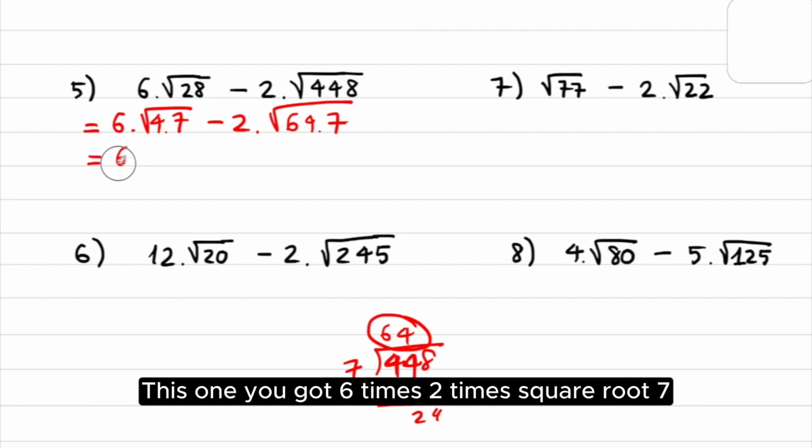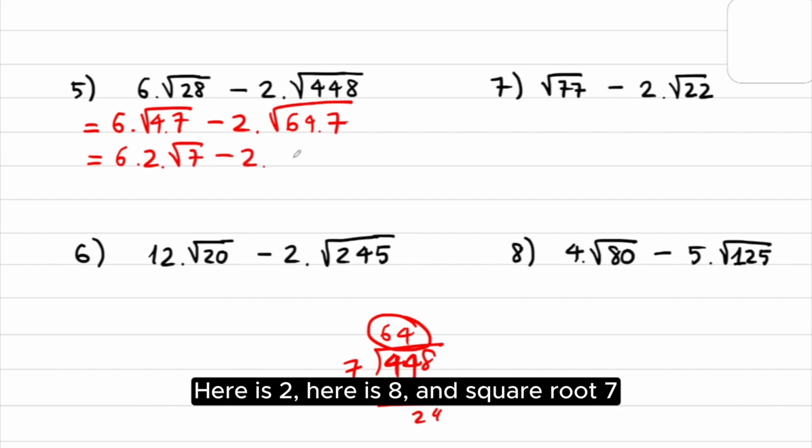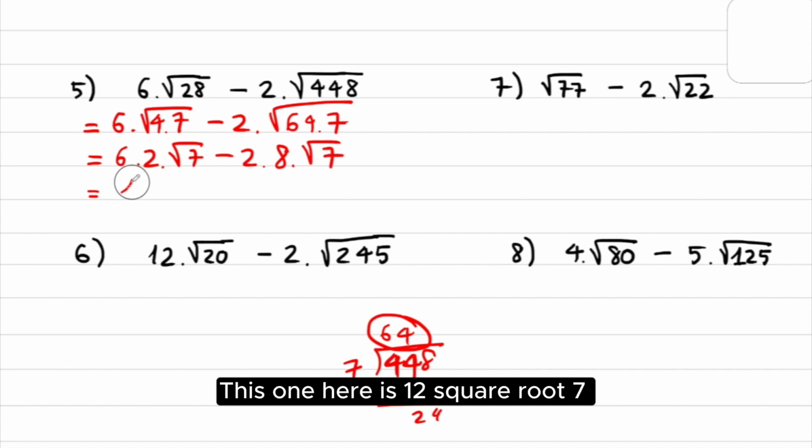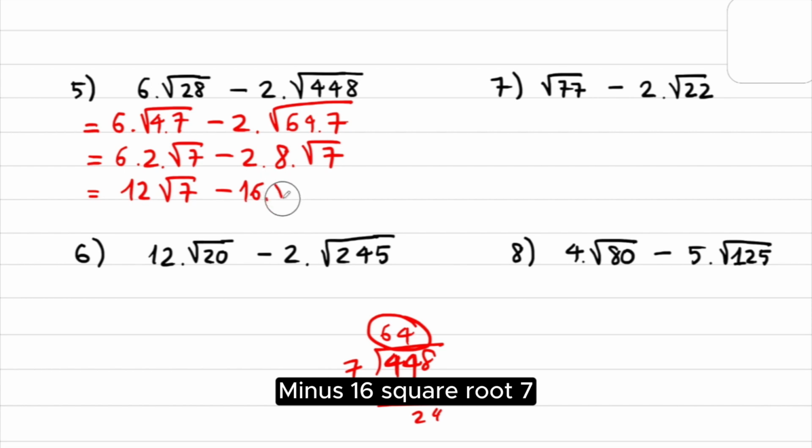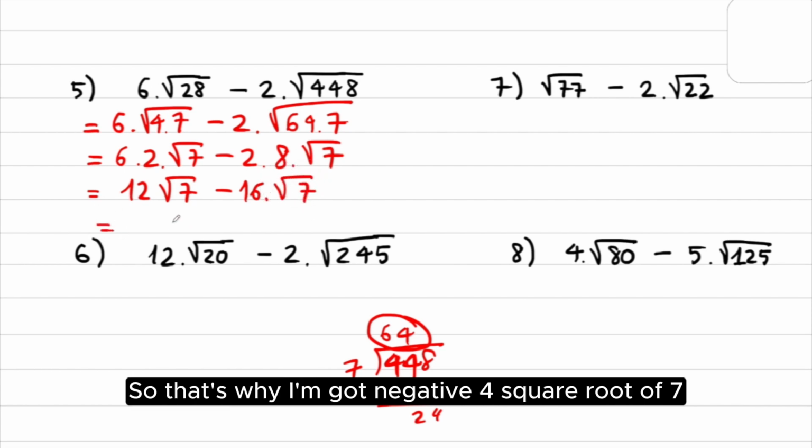This one you got 6 times 2 times 7 square root of 7. Here is 2, here is 8, and square root of 7 this one. Here is 12 square root 7 minus 16 square root 7. So that's why I got negative 4 square root of 7. Negative 4 square root of 7.